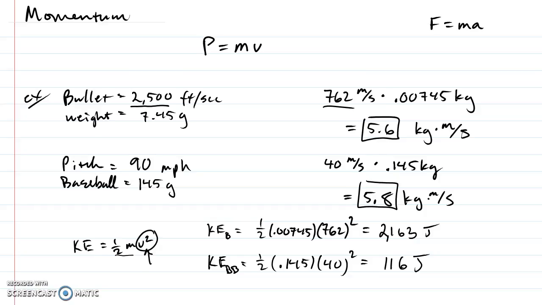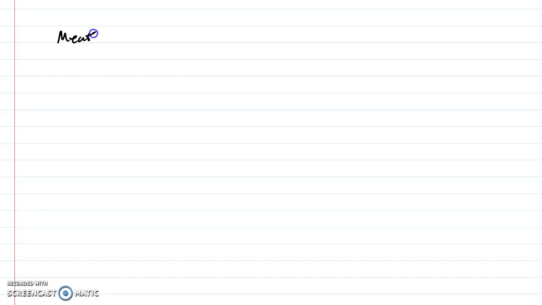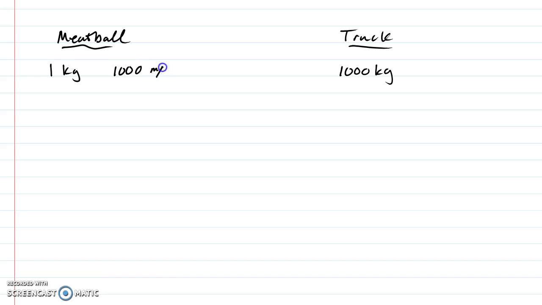Another example that is really nice to go over, and I've seen this online, is to compare a meatball to a truck. Let's say the meatball has 1 kilogram and the truck has 1,000 kilograms. Really light truck. But the meatball is going 1,000 meters per second, and the truck is going 1 meter per second, so it's going really slow.